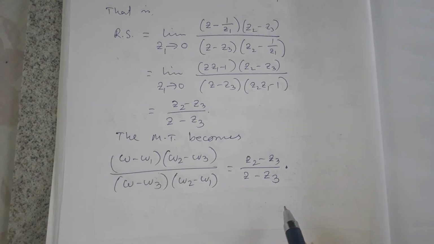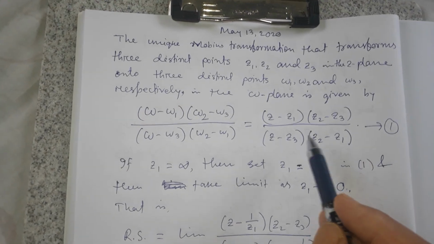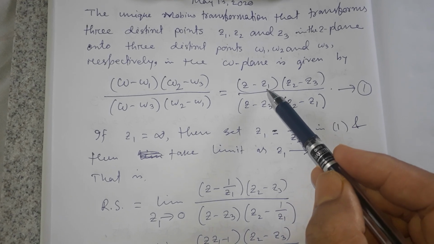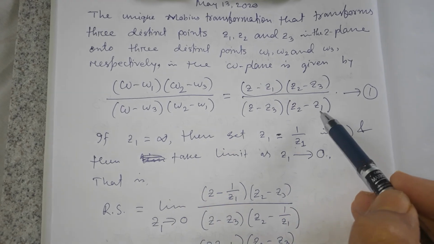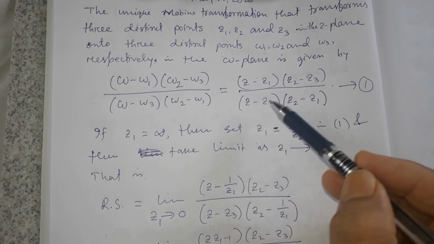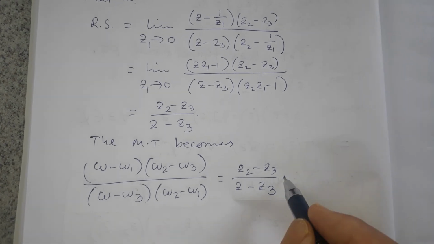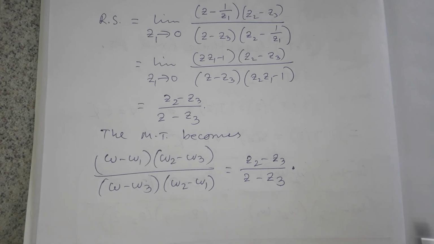If you compare this with the distinct points case, informally you can cancel out the terms: if Z1 is infinity, those terms cancel, and what is left is Z2 minus Z3 and Z minus Z3. That is the usual informal procedure: if one of the points is the point at infinity, just cancel that term.